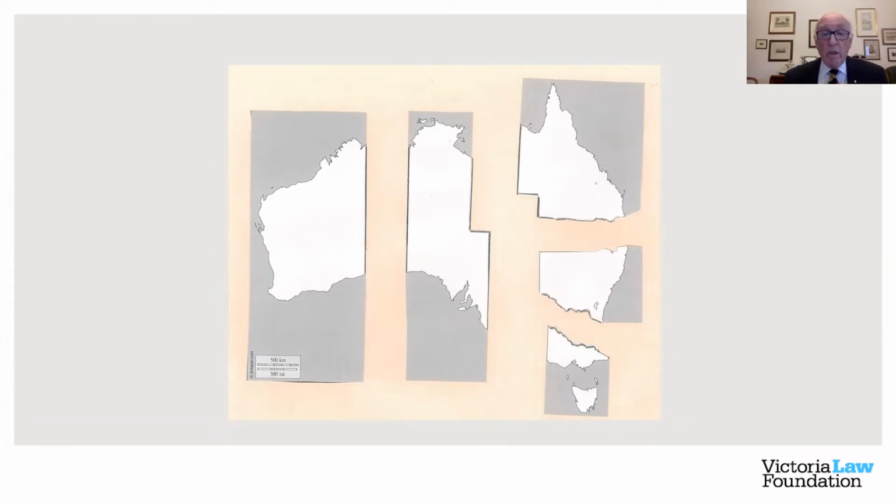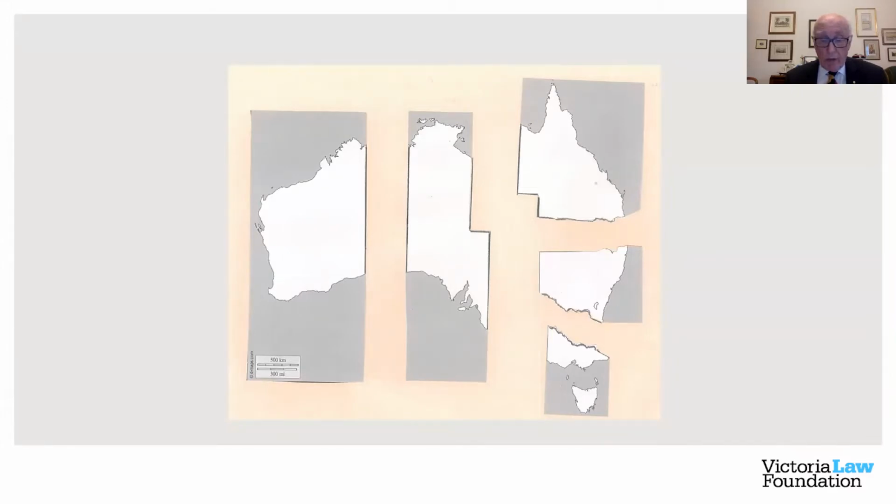Each of these sections of Australia, as we now call it, was a separate colony of the British Crown. They became colonies at different times. New South Wales, as you probably know, in 1788, Queensland in 1824, Tasmania the following year in 1825, Western Australia in 1827, and South Australia and Victoria in 1834.